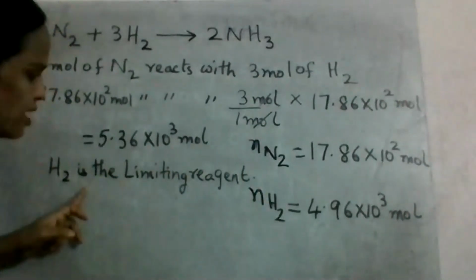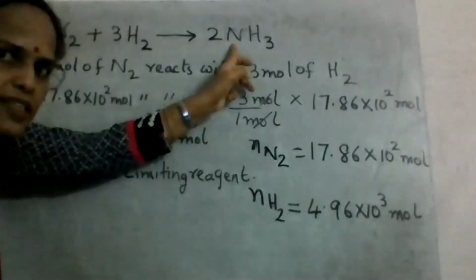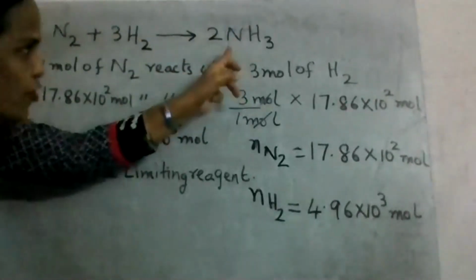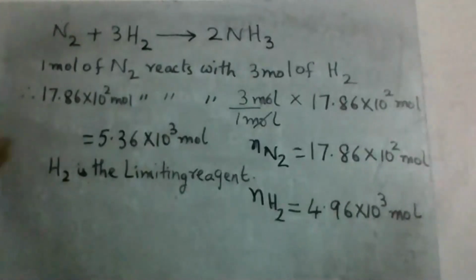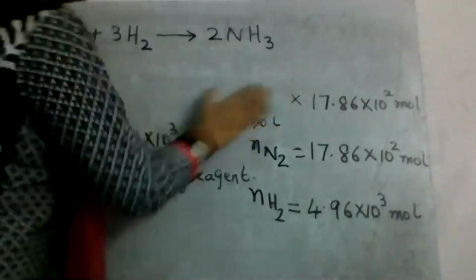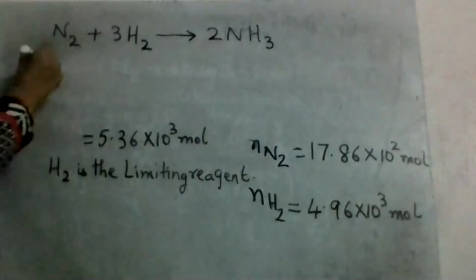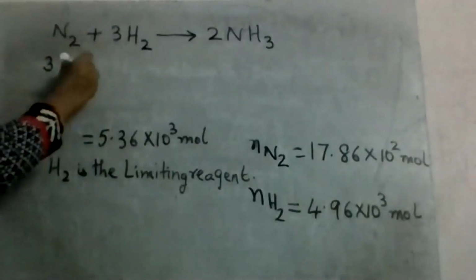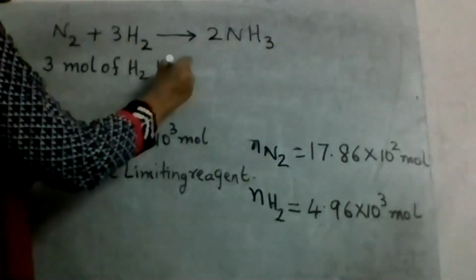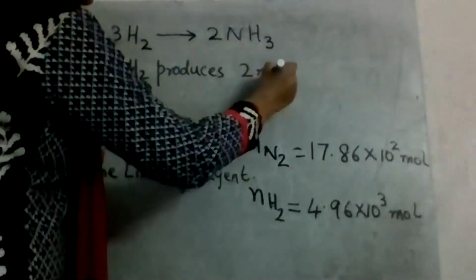This hydrogen is responsible for the formation of the product, that is ammonia. So we will compare the equation of hydrogen with that of ammonia. See how I do it. I'll write that 3 moles of hydrogen produces 2 moles of ammonia.